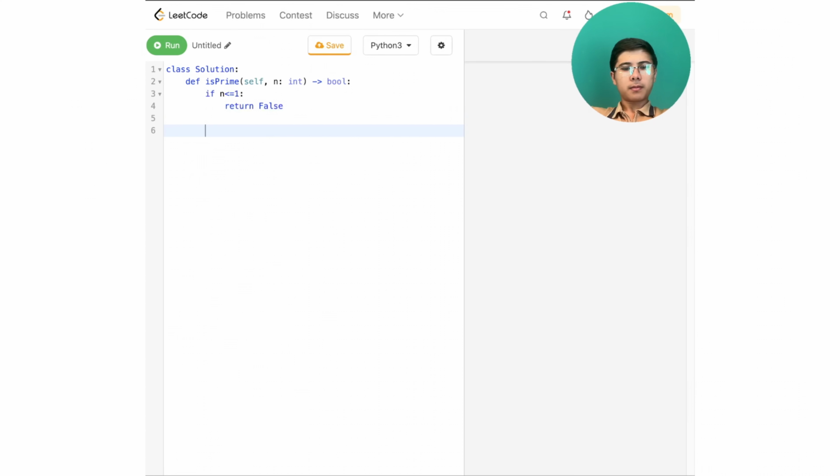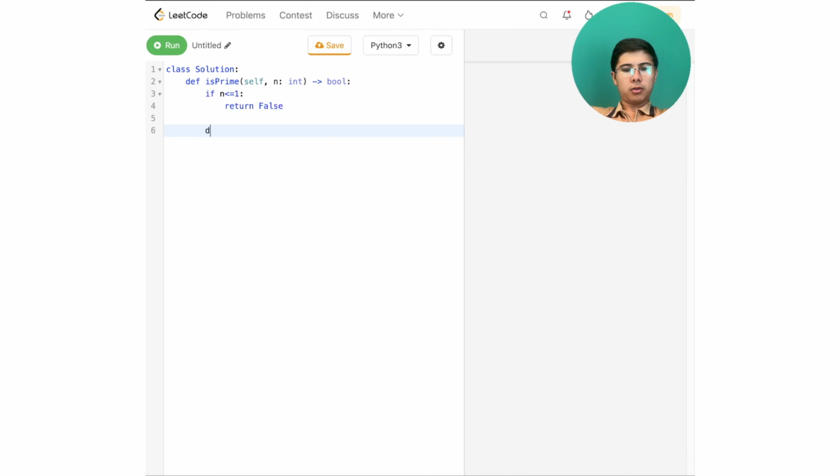Then we set the divisor equal to 2, because 2 is the smallest potential divisor of any number. Since every number is divisible by 1, checking 1 is useless.